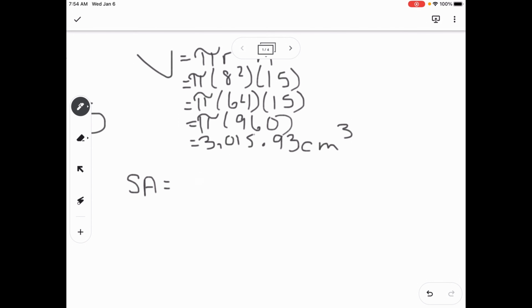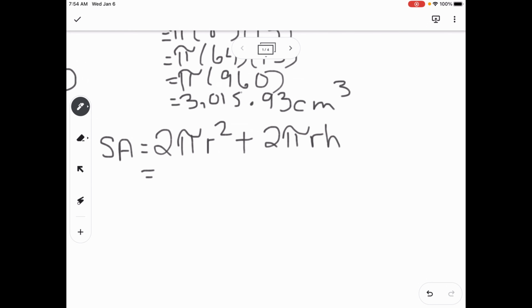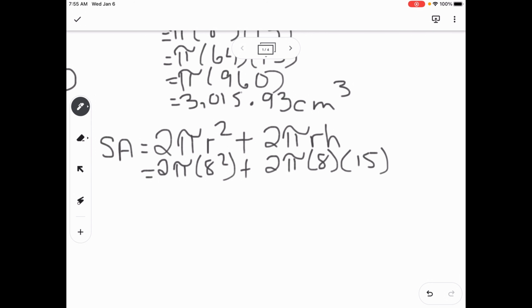So we are going to go 2 pi r squared, and then we need to account for the rectangle, which is going to be 2 pi r multiplied by the height. So again, now all we want to do is start adding in information. So 2 pi 8 squared plus 2 pi 8 15.